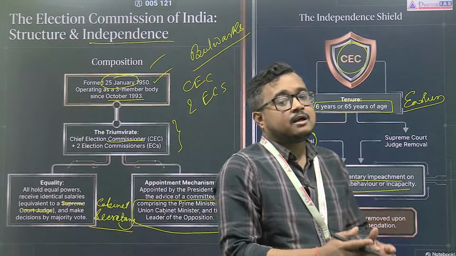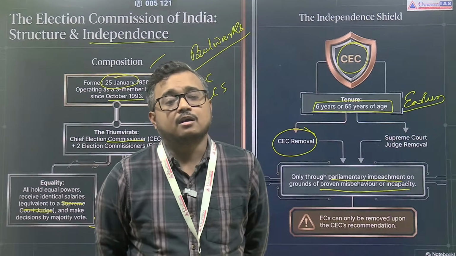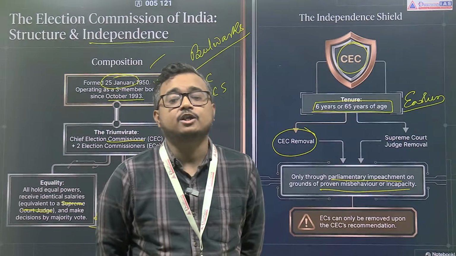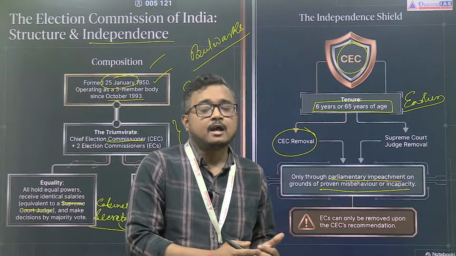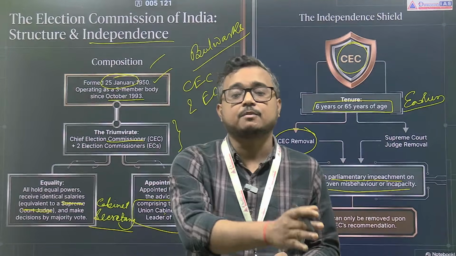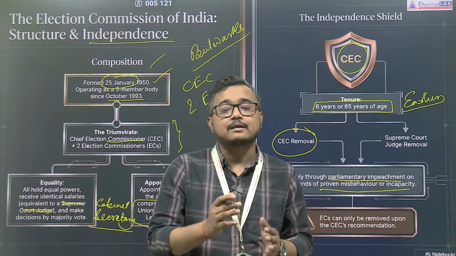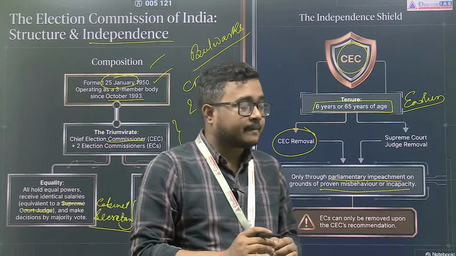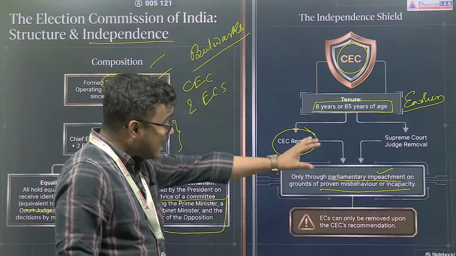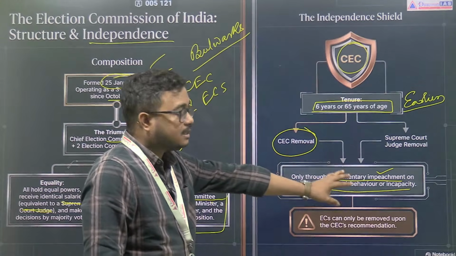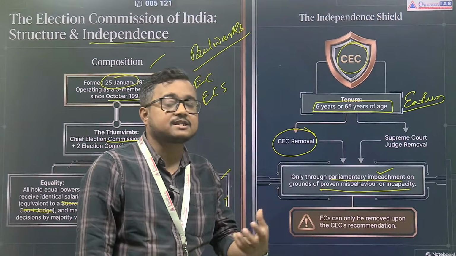For reference, recently the opposition parties tried to bring an impeachment motion against the present CEC, but the Speaker and the Chairperson of Lok Sabha and Rajya Sabha respectively both rejected that motion, so that motion will not be carried forward, right? So the removal is only through an impeachment, and that means that the CEC has certain independence in whatever decision he is making.